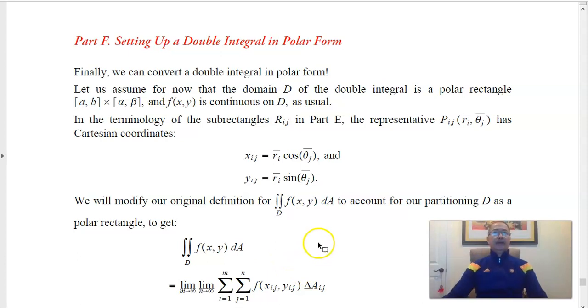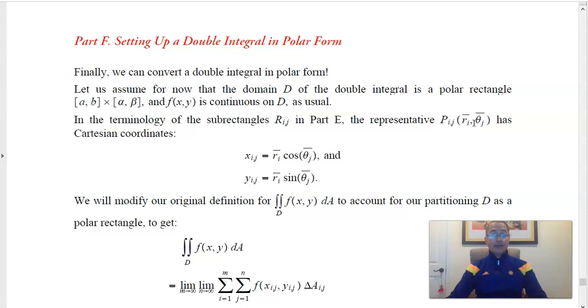So let's summarize what we did so far. We subdivided AB into several pieces, each of width delta R, and similarly alpha beta into several pieces, each of width delta theta. We picked as our representative point in the Rij subrectangle, Ri bar, theta j bar, the midpoints. And so we are going to use those coordinates to go back to Cartesian, xy.